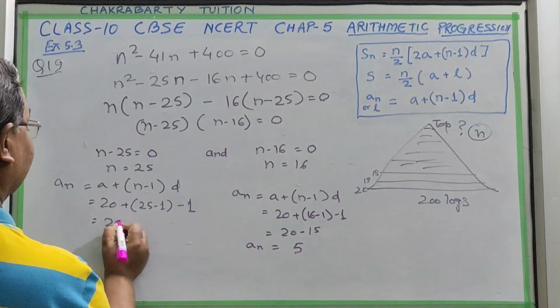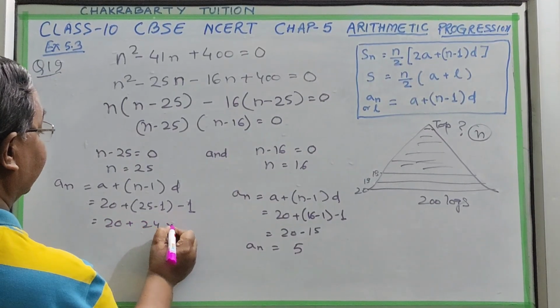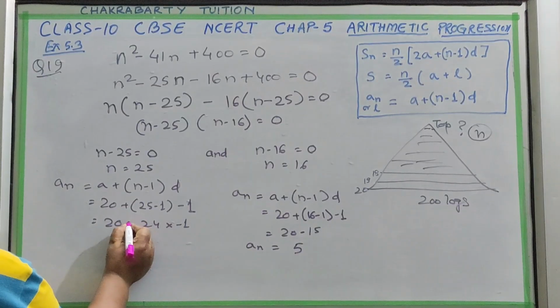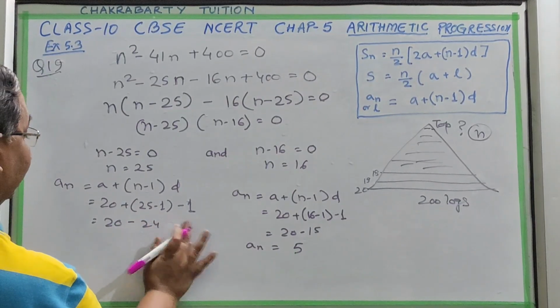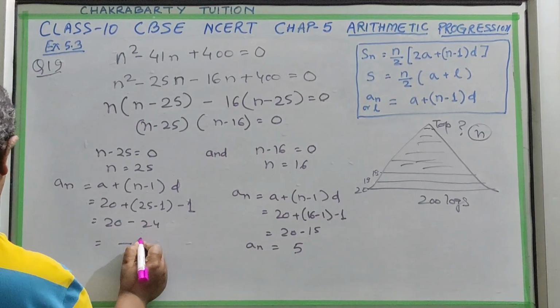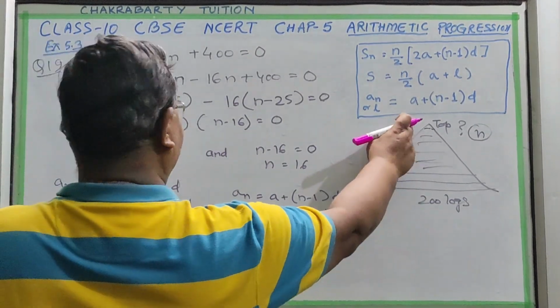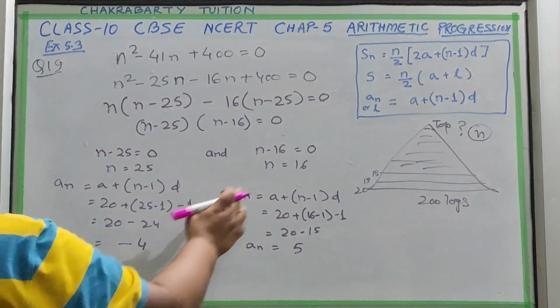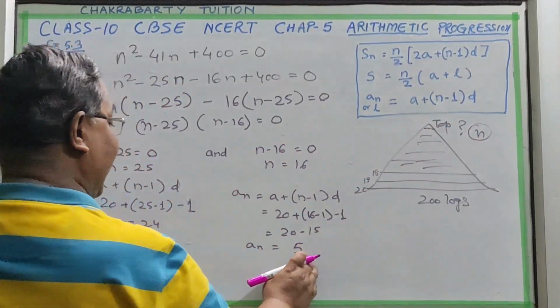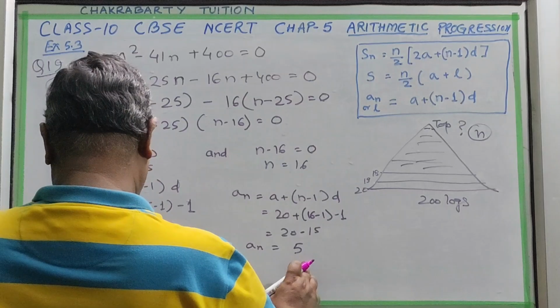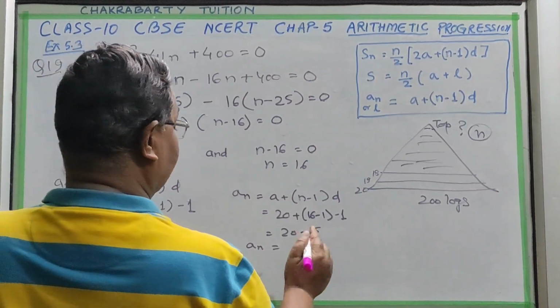So here 20 plus 24 into minus 1, this sign will become minus. Okay, so here it is minus 4. Now you see, logs at the top cannot be negative, because some logs will be there. So that's why a equal to 5 is the answer, the possible answer. Okay, so 5 will be possible.